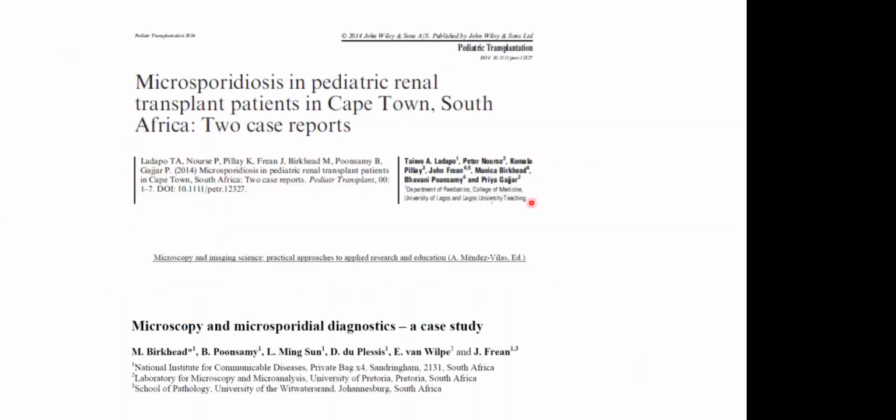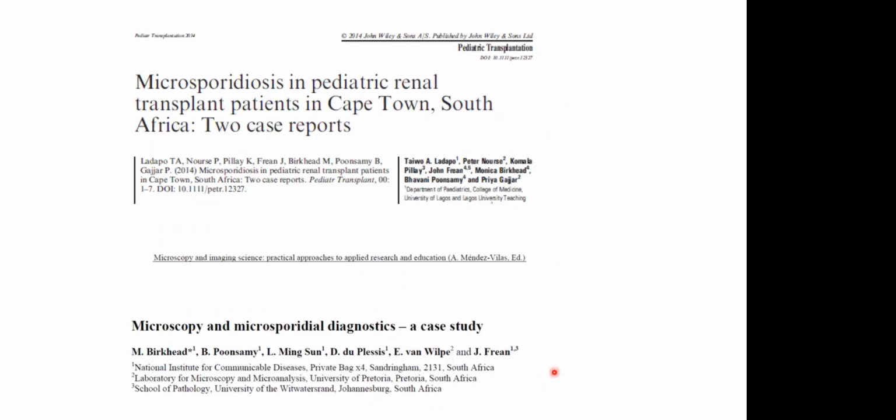Now, the cases in the children were written up in Pediatric Transplantation, 2014, if you want to look at the original article.